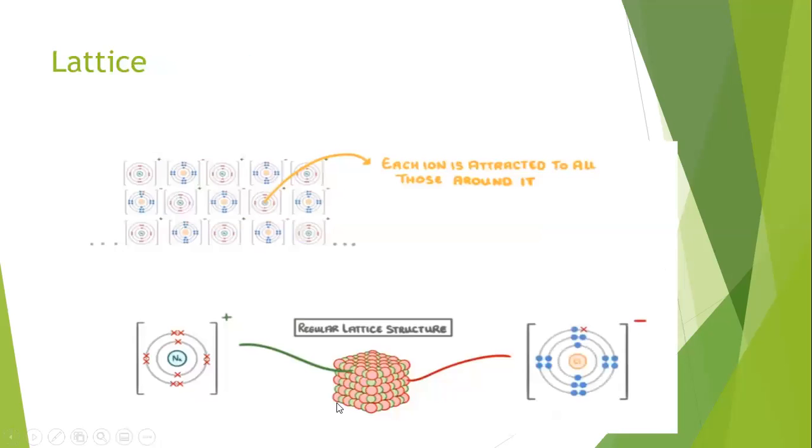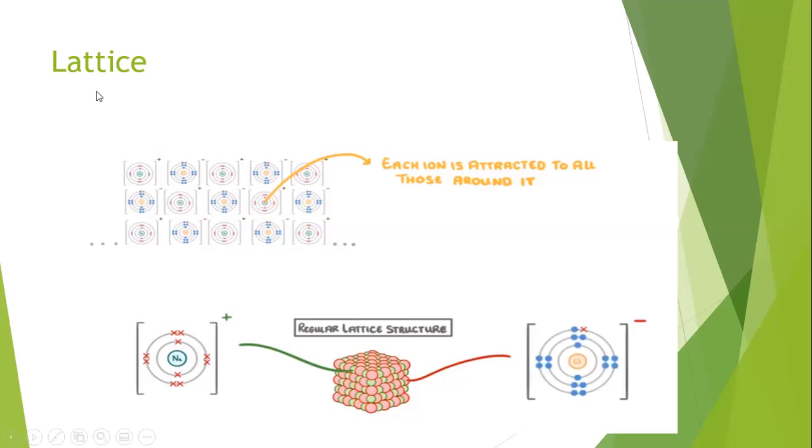In this lattice structure, the green balls are for sodium and the red balls are for chloride ions, and when these positive and negative ions are regularly arranged in a three-dimensional structure, they make a strong lattice structure. This structure is very tightly packed, and you can see it here in the form of ions.